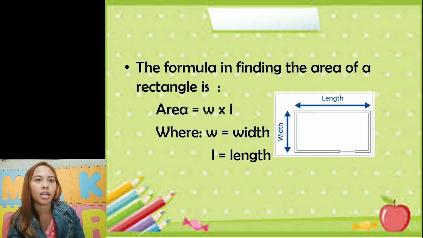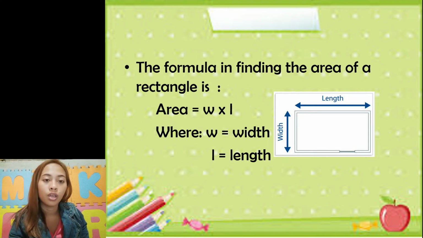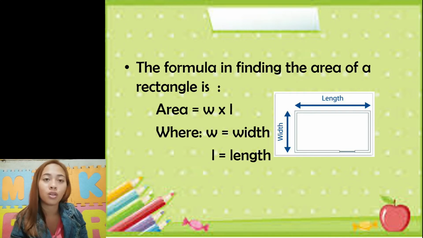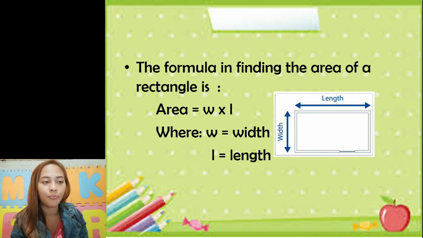Again, we all know that the area of a rectangle is width times length, where W equals width and L equals length. That's the formula in finding the area of a rectangle.